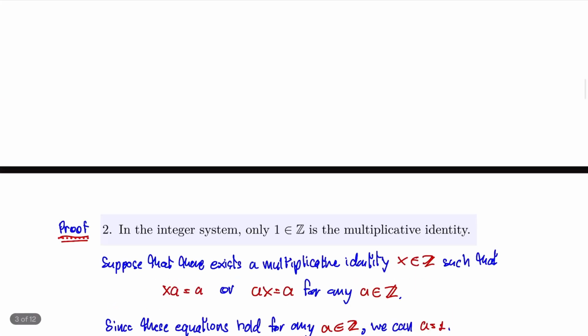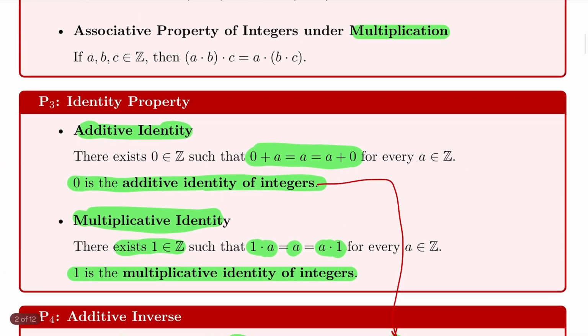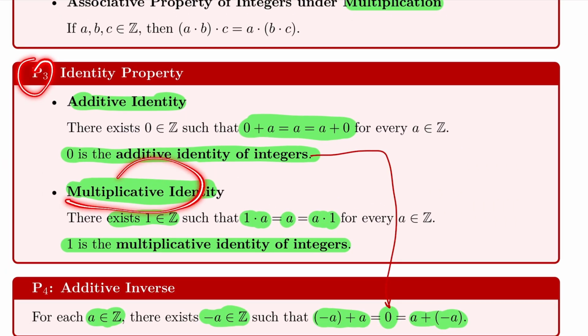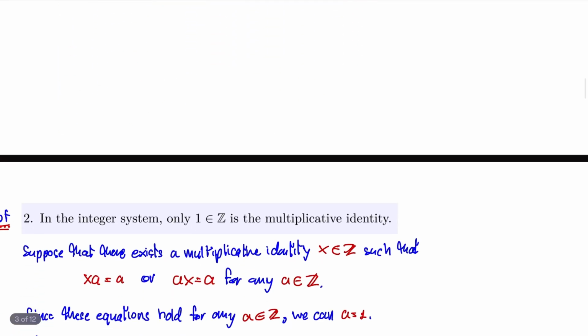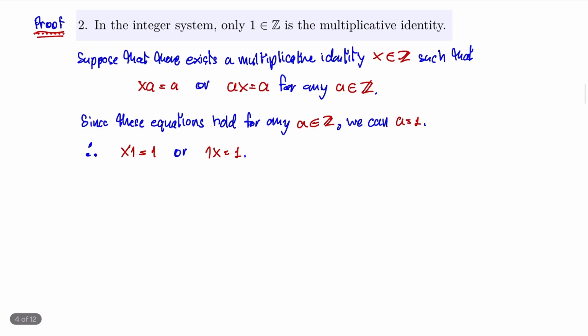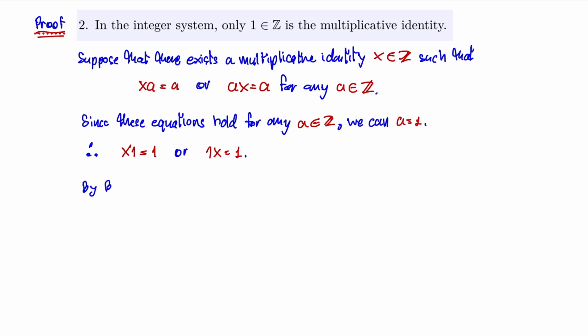Again, we want to use the multiplicative identity, which is in P3. So 1 times a equals a times 1. So this is what we have, by P3. 1 times a equals a for any integer a.